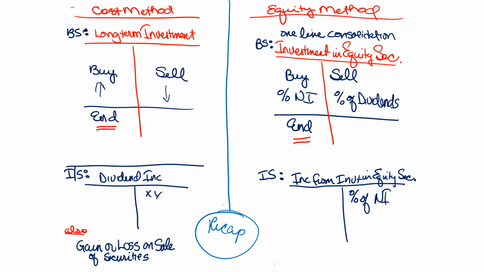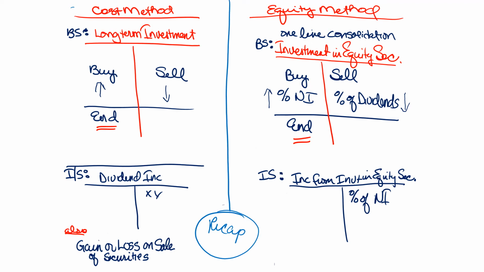Under the equity method, it's sometimes known as one-line consolidation because on the balance sheet there's one line called investment in equity securities. It's increased when I buy, and each year the proportion of the net income that is attributed to us each year. It is decreased by our portion of the dividends declared and paid.